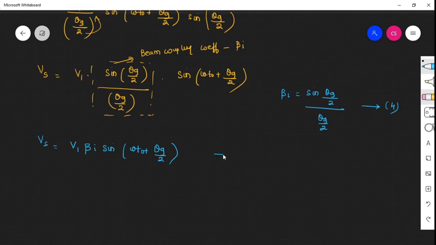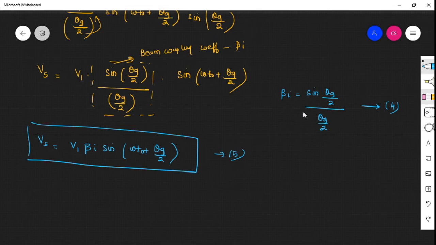So let this be equation number 4 and let this be equation number 5.